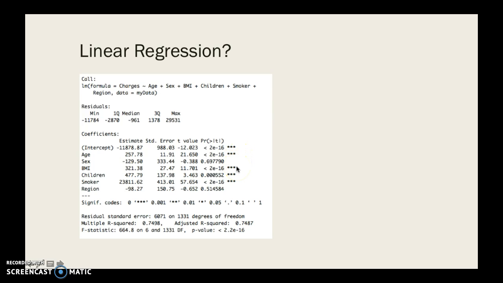The only ones that aren't are gender and region, which were the ones we thought didn't look too significant in those initial plots. So that makes sense, and with the R-squared value of 0.74, it looks like a regression model will be a good fit for this data set. So we'll look to do that using the Bayesian method.